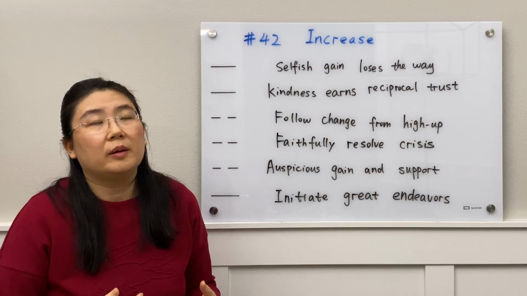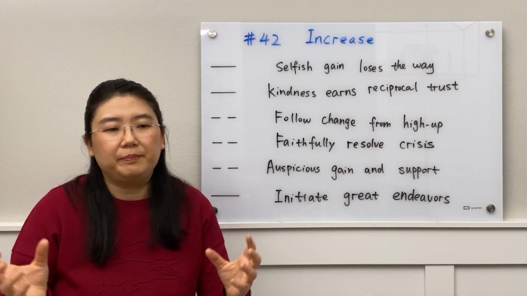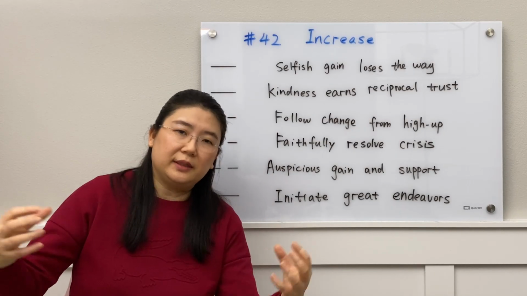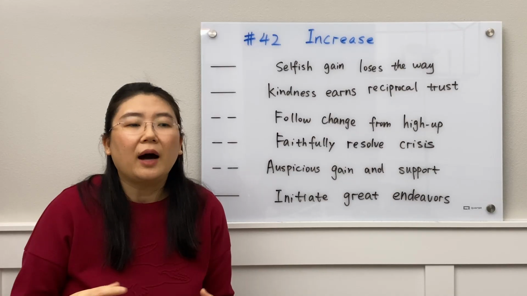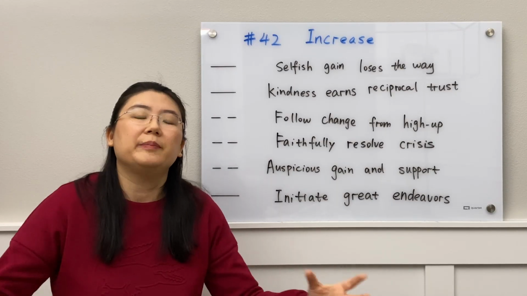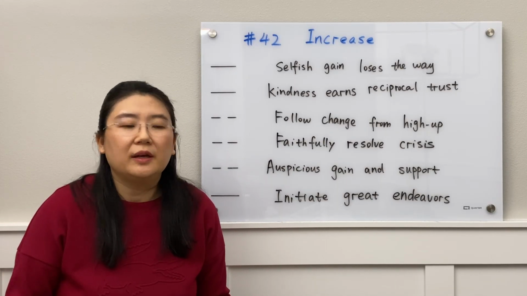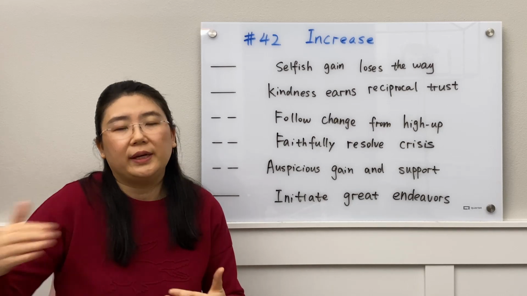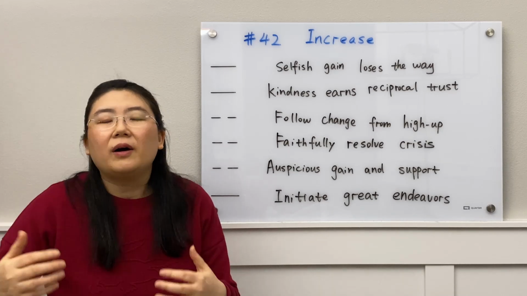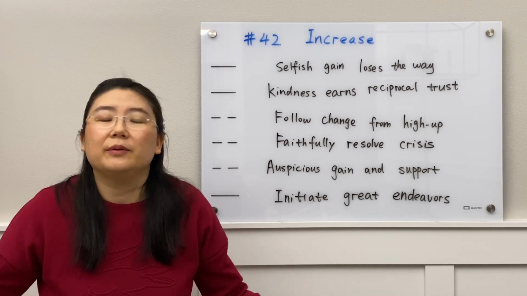They not only thought about their own self-interest, but they already built in the thought process of how can everybody mutually benefit from this. Because of it, whoever gets involved in this great undertaking will wholeheartedly support it because everybody will benefit from it.